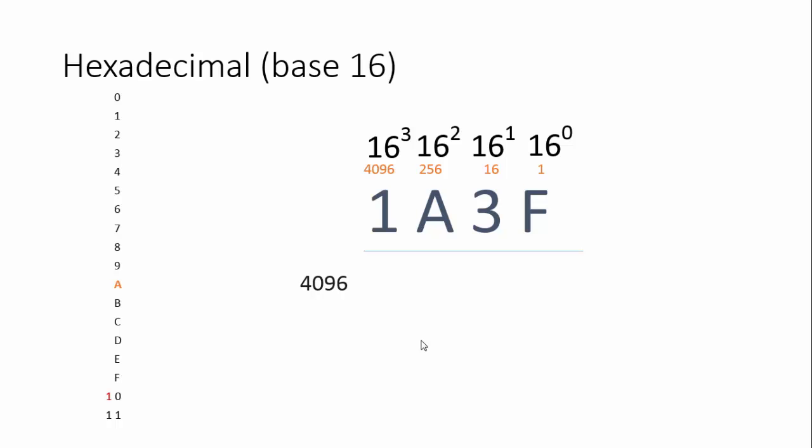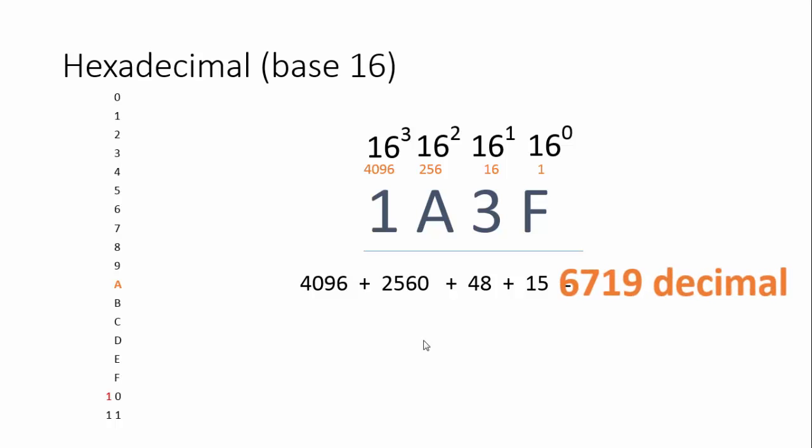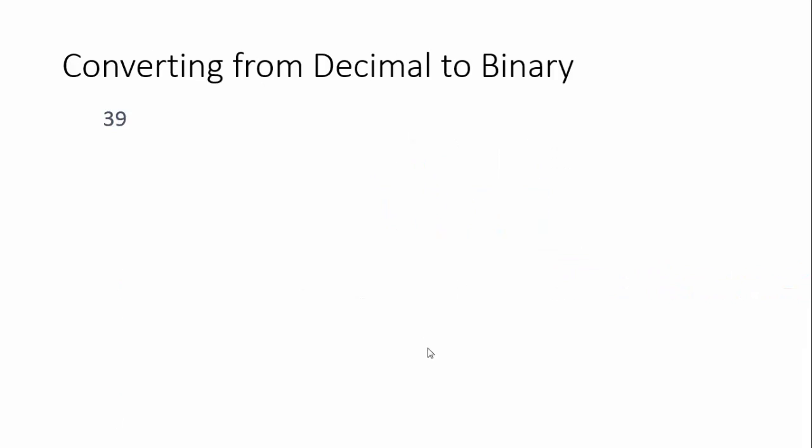So we have 4096 plus 10 of the 256, which is 2560, plus 3 of the 16s, which is 48, plus 1 F, and F represents 15. So if I add all those numbers together, I get 6,719 decimal.